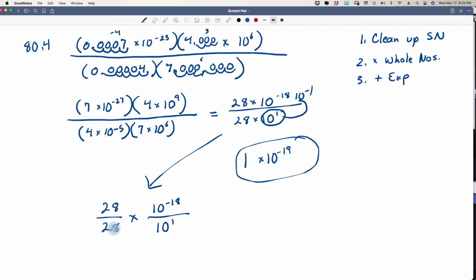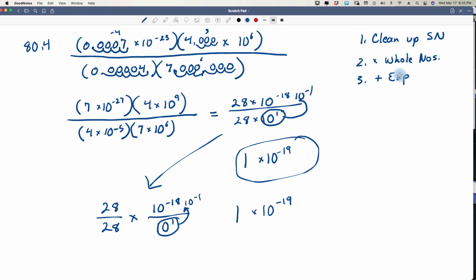You're just splitting it up. So 28 over 28 is still 1. And you still flip this up and make it a negative 1. Same answer. It just makes it easier to see. So if you need to rewrite it once you get to here to make it easier to see, then you can do that.